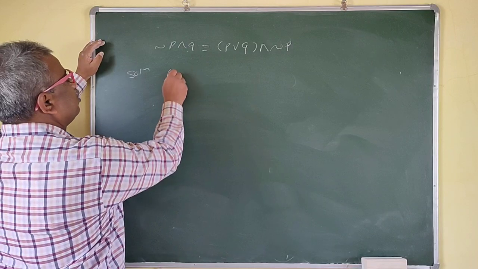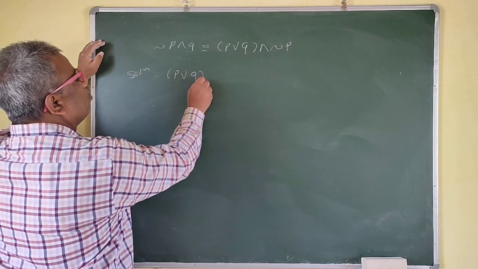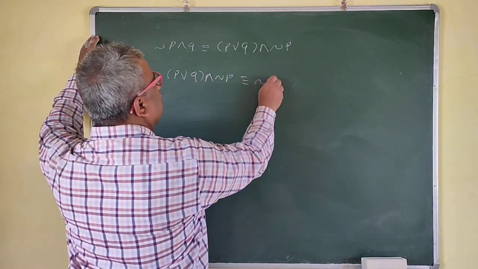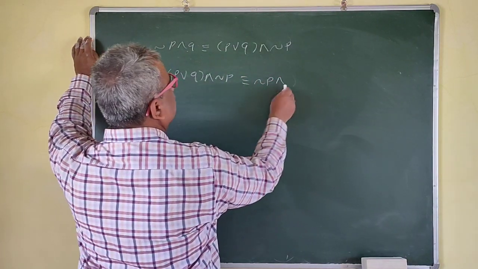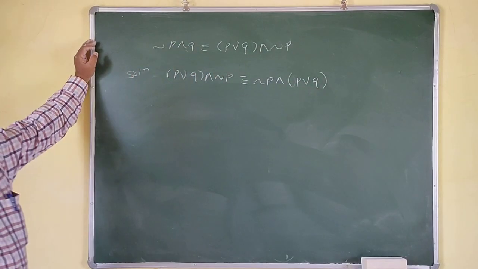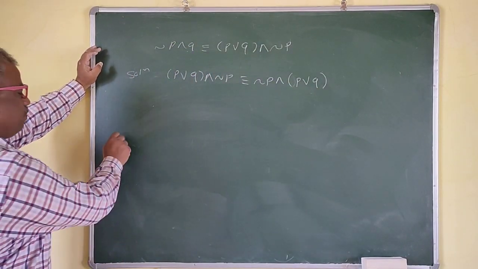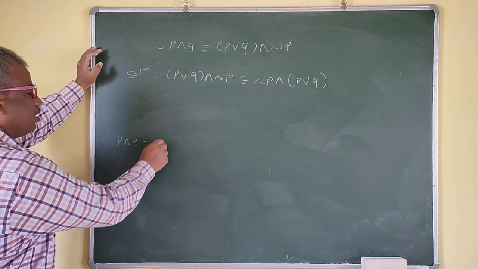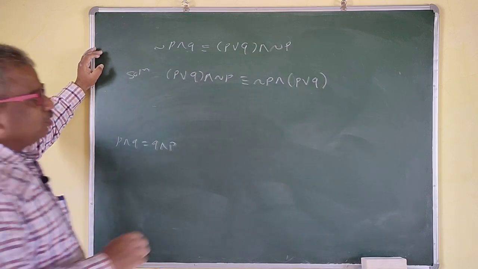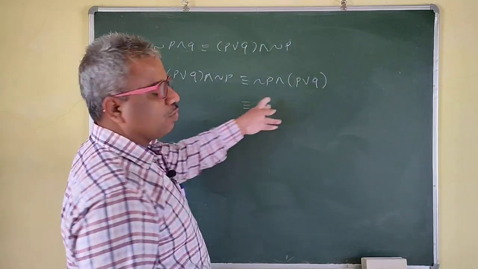We start from here. P and Q and negation P. This is logically equivalent to negation P and P or Q, right? Because we know that P and Q is same as Q and P. Commutative law.